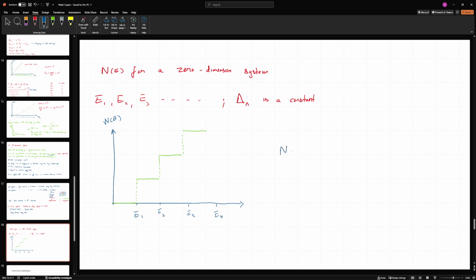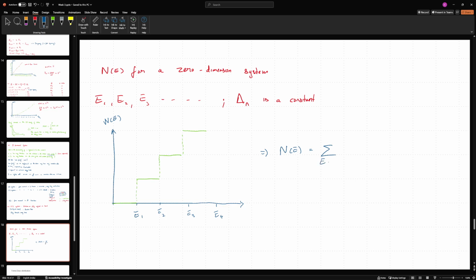So N of E for a 0D system is equal to, now I'm writing a mathematical expression. I will explain what this is.